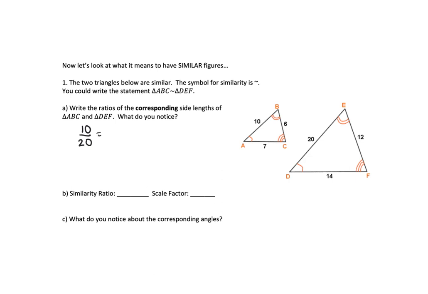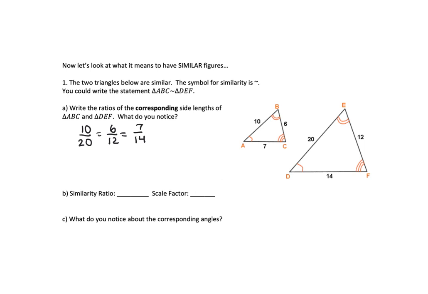The next side I'm going to look at is side BC compared with EF. BC is here, EF is here. Notice they are both the smallest sides. So let's look at the ratio formed by those sides. 6/12. And then the last two sides are AC and DF, and that is 7/14.